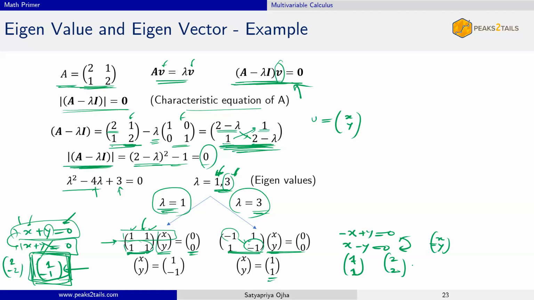So my final answer: eigenvector is 1, minus 1, eigenvalue is 1. Eigenvector is 1, 1, eigenvalue is 3. For this matrix, you only need the matrix to figure out what the directions and scaling factors are. Eigenvector, eigenvalue, clear?